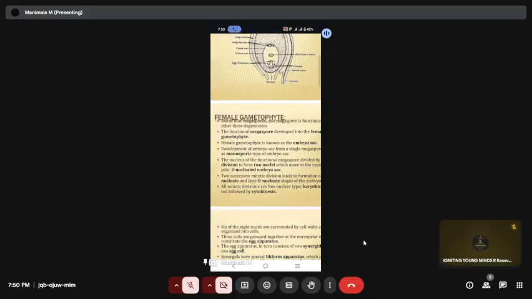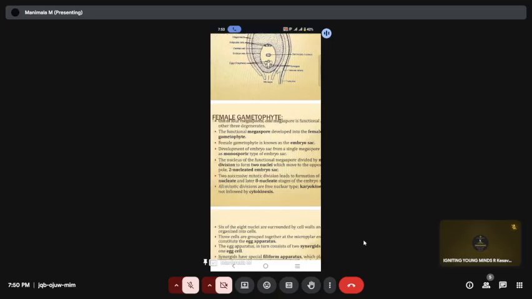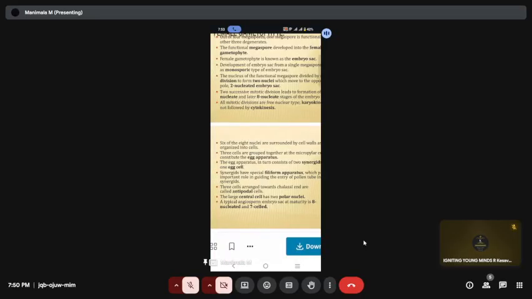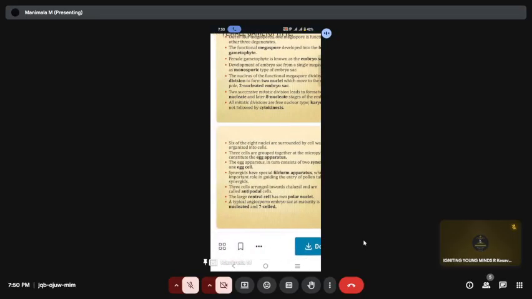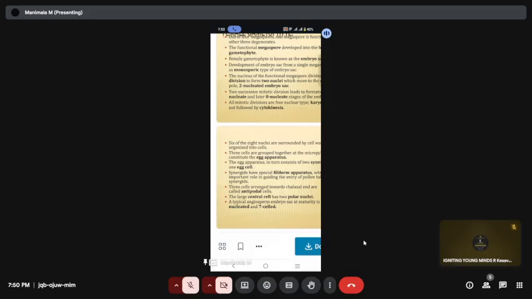There they divide again to form a total of 8 nuclei. So we say this type of embryo sac is 8 nucleated with 7 cells. The angiospermic embryo sac at maturity is 8 nucleated and 7 celled.